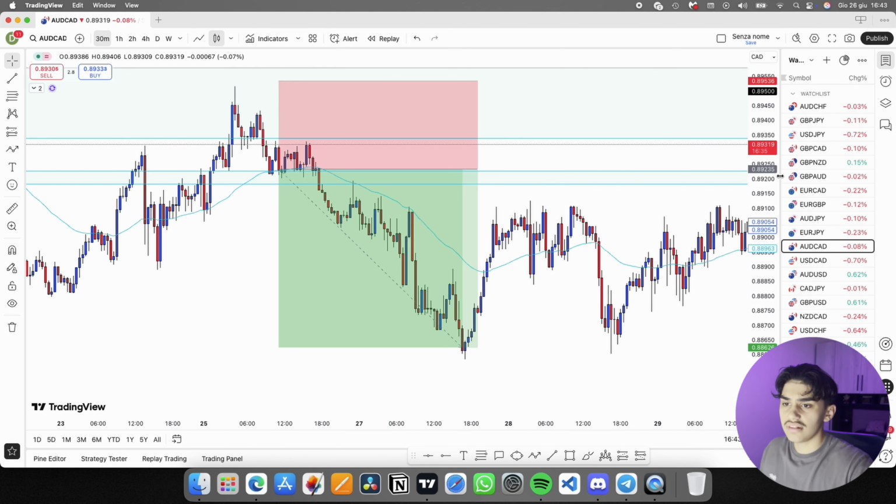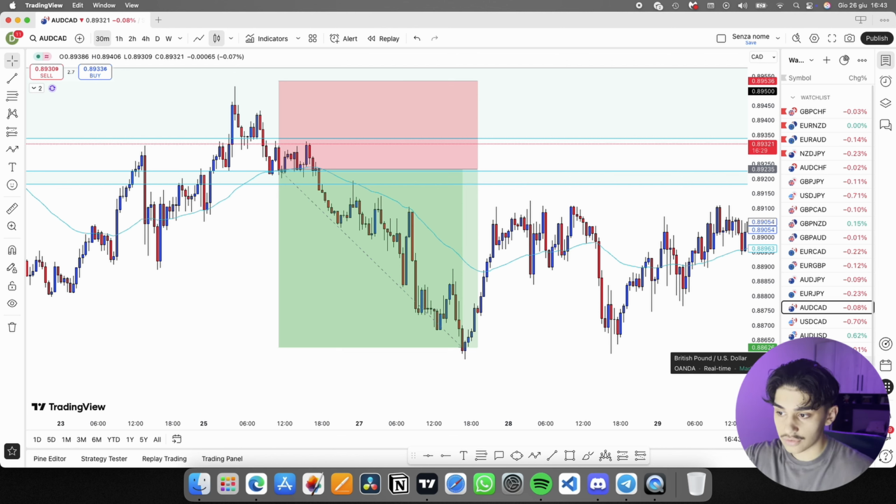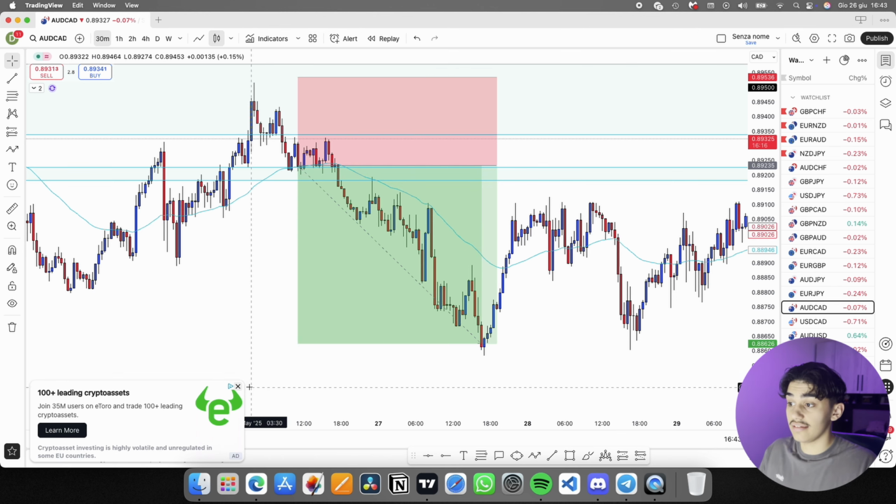Out of all these 25 pairs, maybe in 1 week we have 4 with the same pattern, and out of these 4, only 2 will be an A plus setup, and you just need to take a maximum of 2 trades a week. Why overcomplicate trading when trading is something easy? So yeah, guys, this is how I made 2.7% on my prop firm challenges, and this is it.